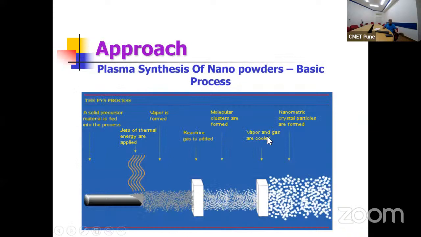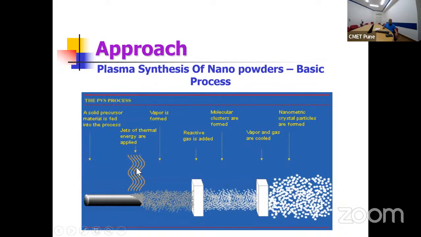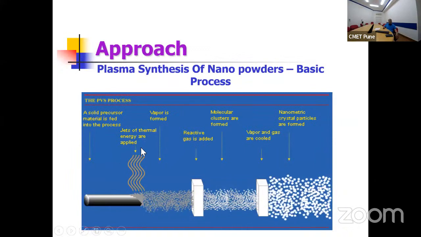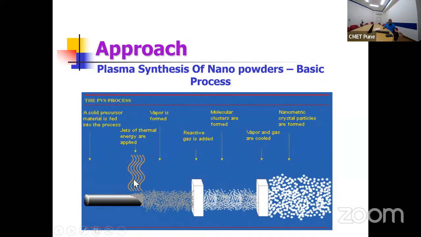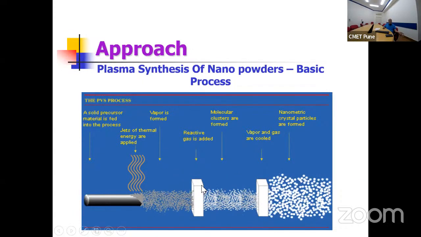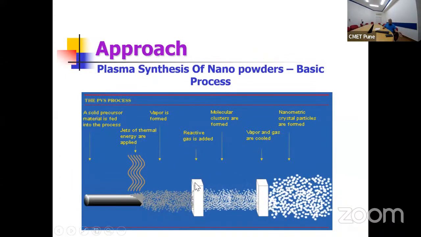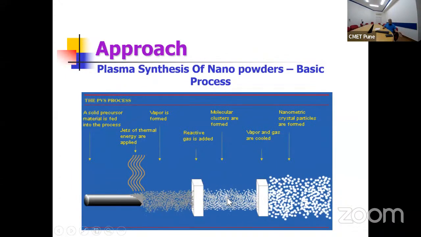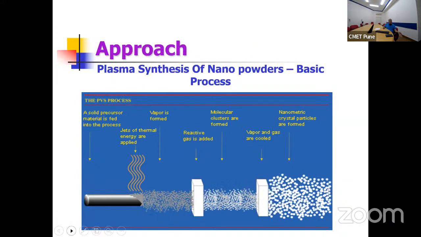This is basically an animated form showing how nanoparticles are formed. Jets of energy, either in DC or RF, are provided to the material. Vapors are formed. Suppose you want to make oxides or nitrides, the reactive gases react with that vapor, and then you quench it, and nanoparticles are formed.